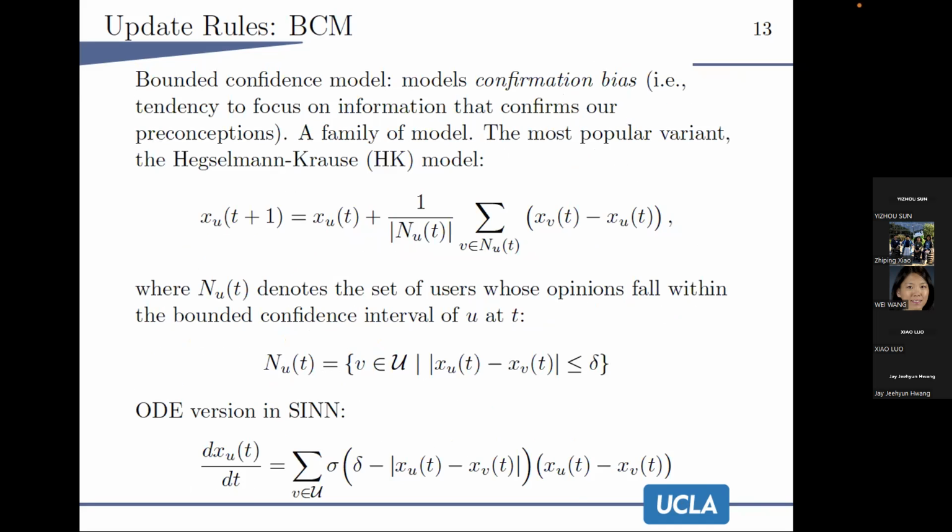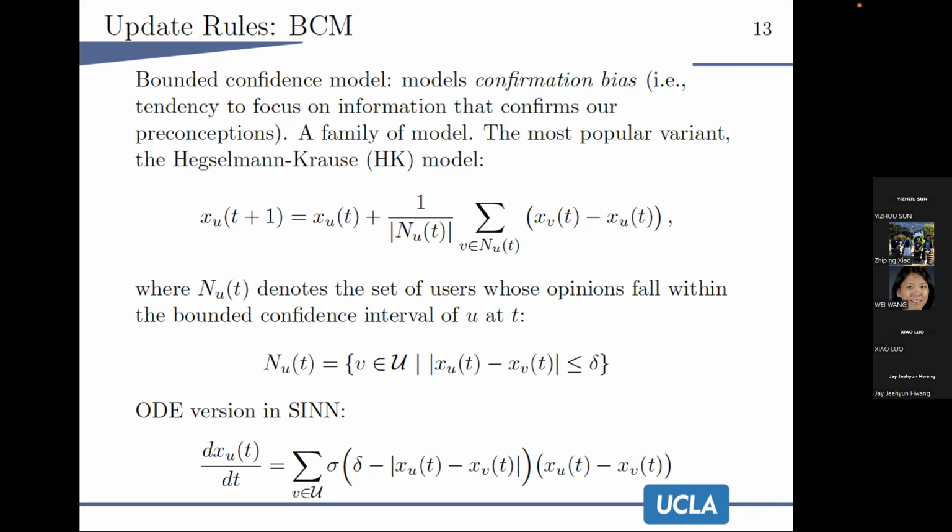The bounded confidence model grows a little bit more complicated, but just a little bit. It's a family of models. We cannot say that all bounded confidence models look like this, but the most popular variant is called the Hegselmann-Krause, or HK model.